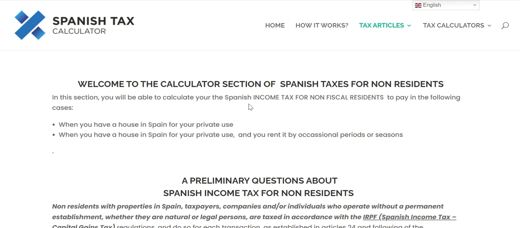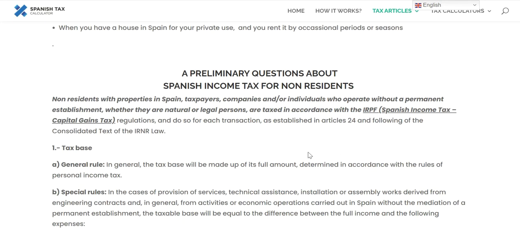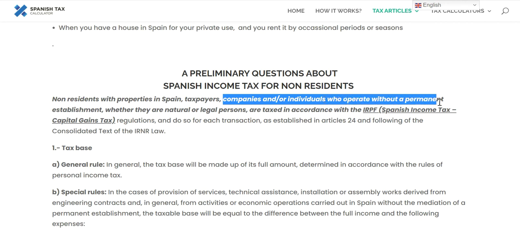The Spanish income tax in Spain is divided into sections. One is for residents and the other one is for non-residents. Talking now about non-residents, the concept of non-resident is companies and or individuals who operate without a permanent establishment in Spain.